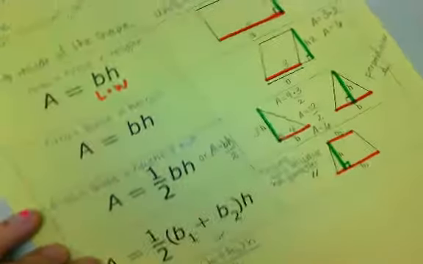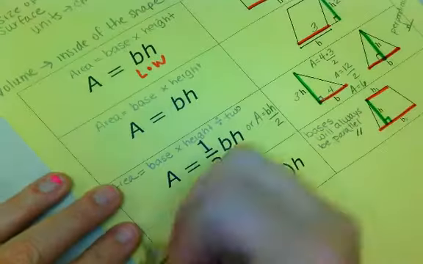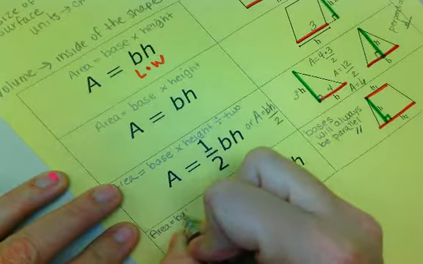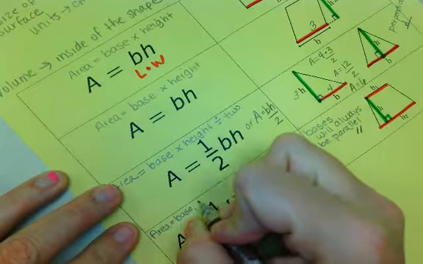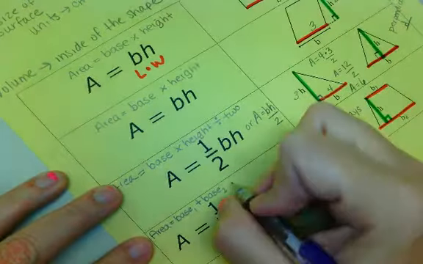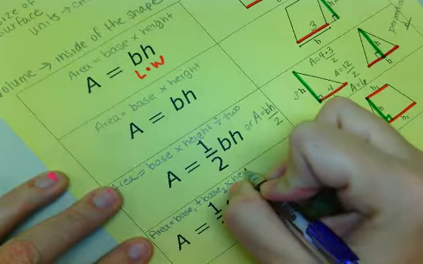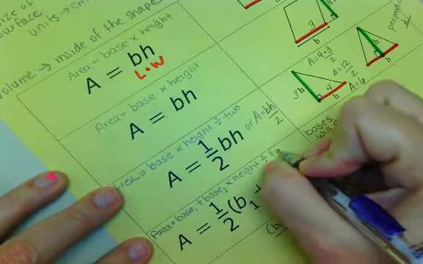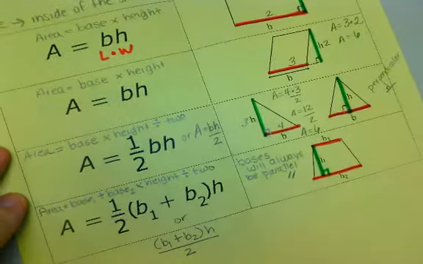So I'm going to write out how you would say this. So what you would do is you would have your area equals base 1 plus base 2 times height divided by 2. Okay?